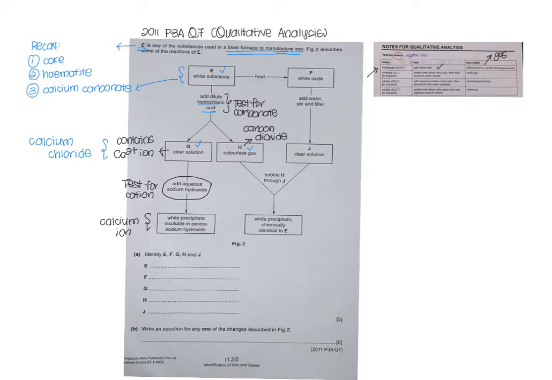Now we will take a look at this side. What could F be? When calcium carbonate is heated, it undergoes thermal decomposition. So calcium carbonate actually breaks down.